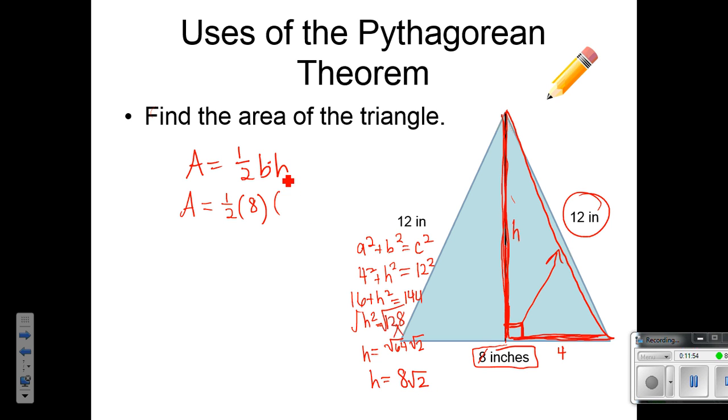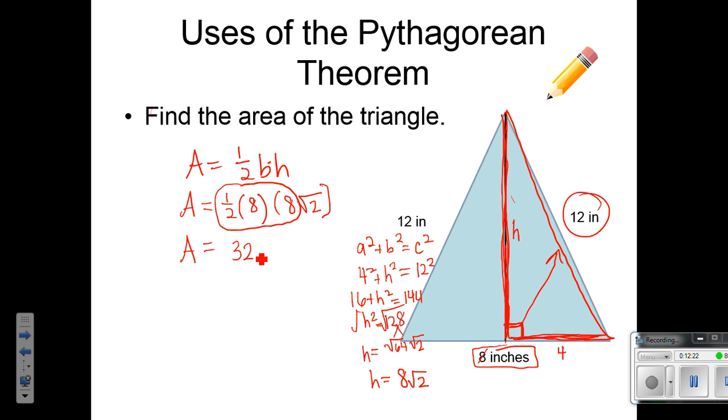So then we would plug that back in for h. 8 square roots of 2. And now what we can do is multiply this through and find the area of this triangle. So I would take 1/2 times 8 times 8 square roots of 2, which would be 32, because half of 8 is 4, and 4 times 8 is 32.